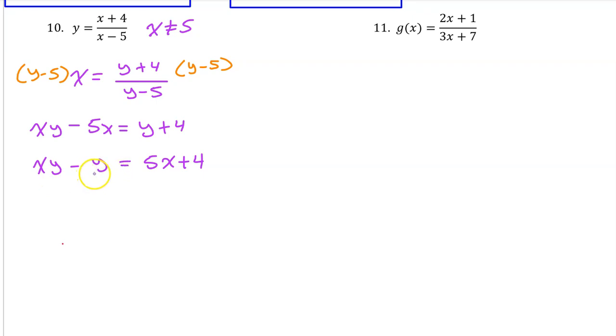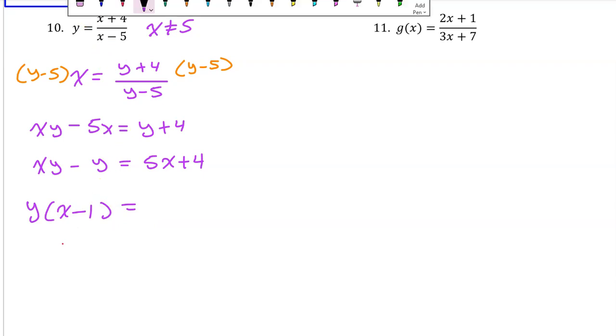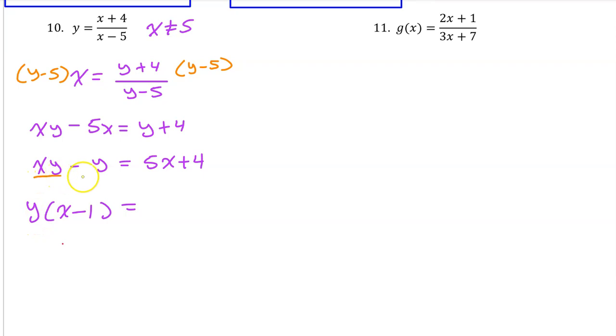I can make y land in one position by factoring a y out. It's a GCF. So if I pull y outside of parentheses, I'm going to be left with x minus 1. Just one more time, when I bring the y out, I am really dividing by this common factor to understand what lands on the inside of the parentheses. y minus y, these cancel out and leave x, bring down the minus, and then y divided by y is 1.